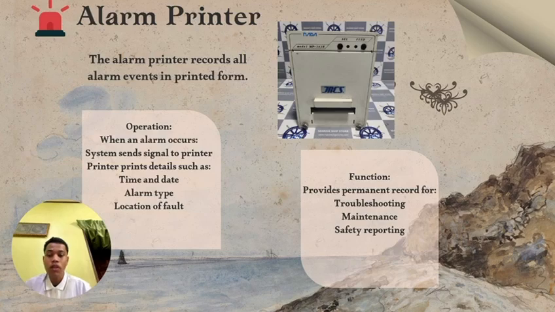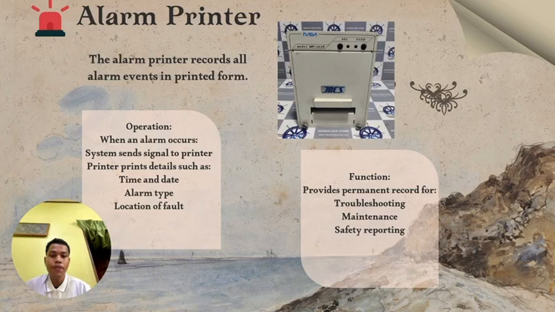Based on this slide, for the operation, when an alarm occurs, the system sends a signal to the printer and the printer prints details such as time, date, alarm type and location of faults. The main function of the alarm printer is to provide a permanent record for troubleshooting, maintenance and safety reporting.